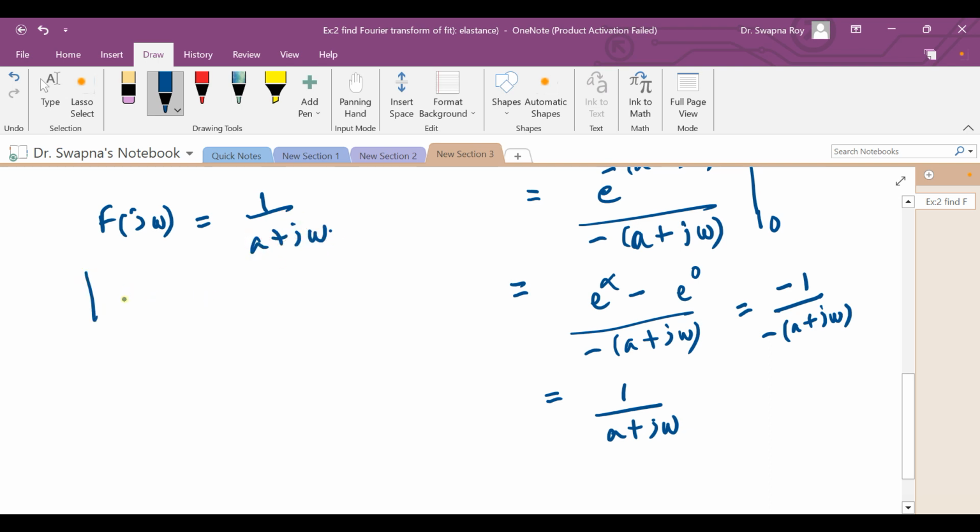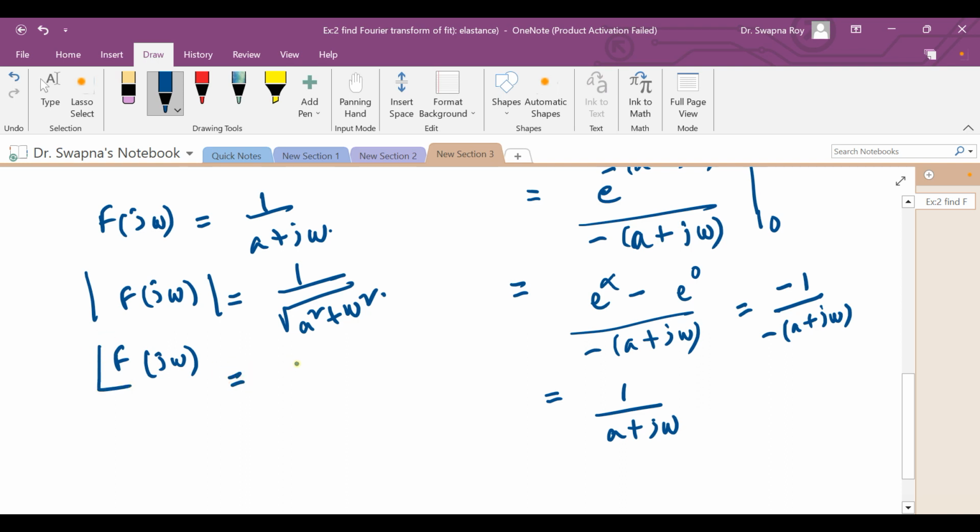The magnitude of F(j omega) is equal to 1 upon the square root of (a squared plus omega squared). And the angle of F(j omega), that is theta, is equal to minus tan inverse of omega by a.